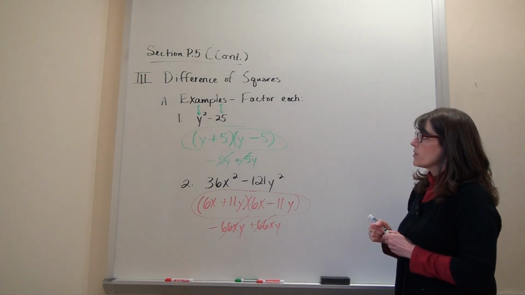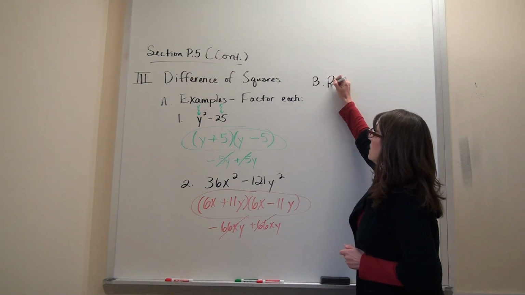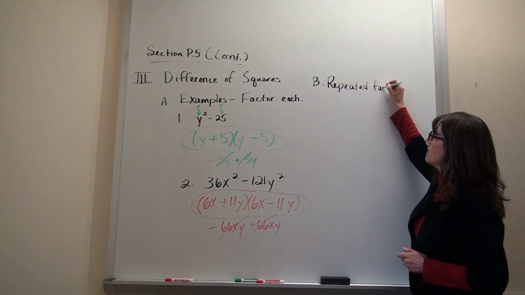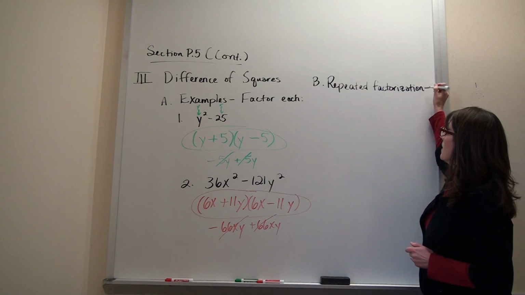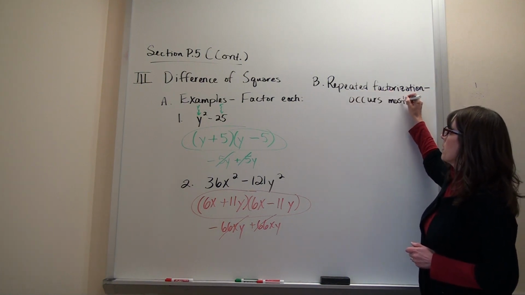Now, difference of squares leads into what we call repeated factorization. And repeated factorization is exactly that. It is repeatedly factoring. And it occurs mostly in fourth degree polynomials.